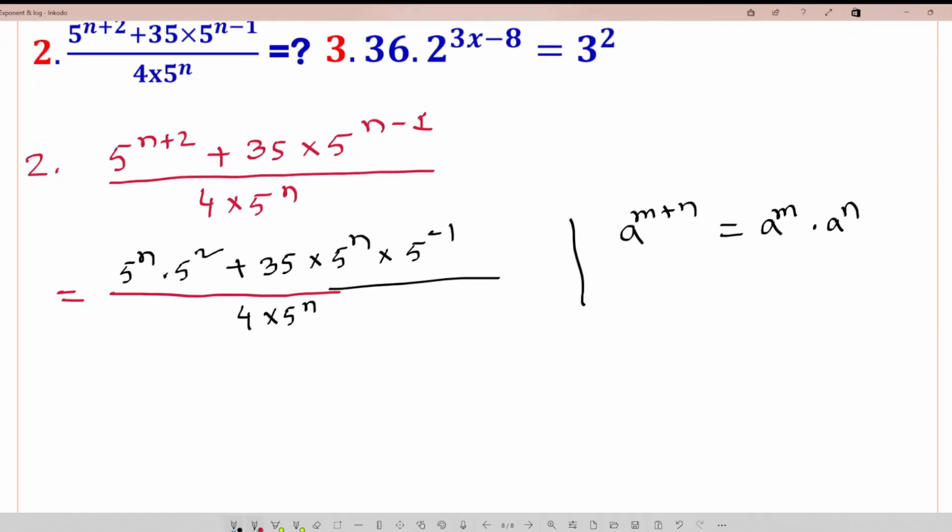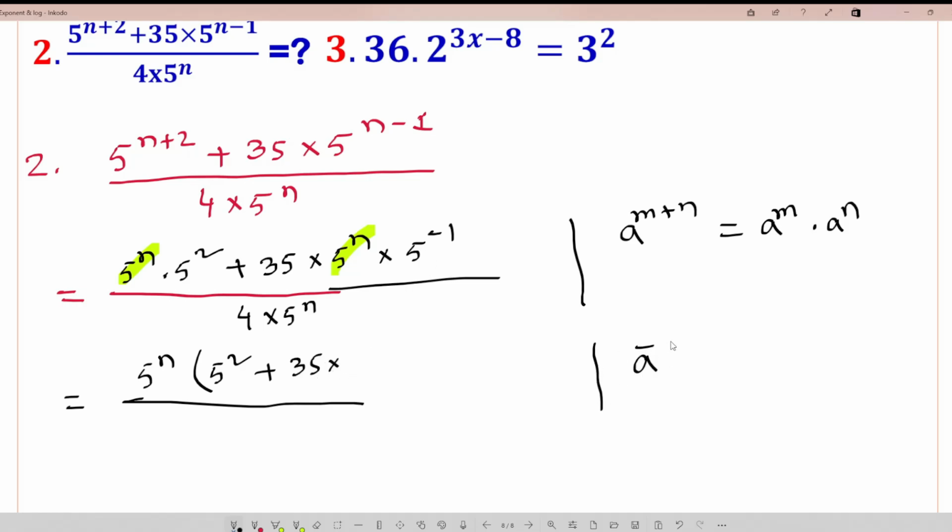Look, in the numerator the common thing is 5 to the power n, so we can take it common. So here is 5 squared plus 35 times, as per negative exponent, a to the power minus n equals 1 by a to the power n. So this one we can write 1 by 5, right? And here is 4 times 5 to the power n.